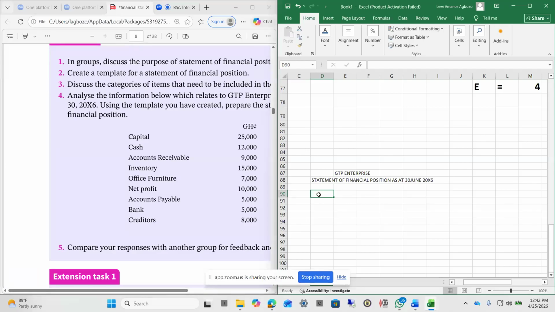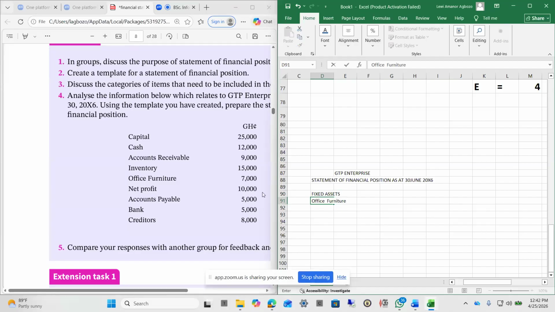Then we said what? Fixed assets. What is our fixed asset in the team? Are we together? Hello, class.